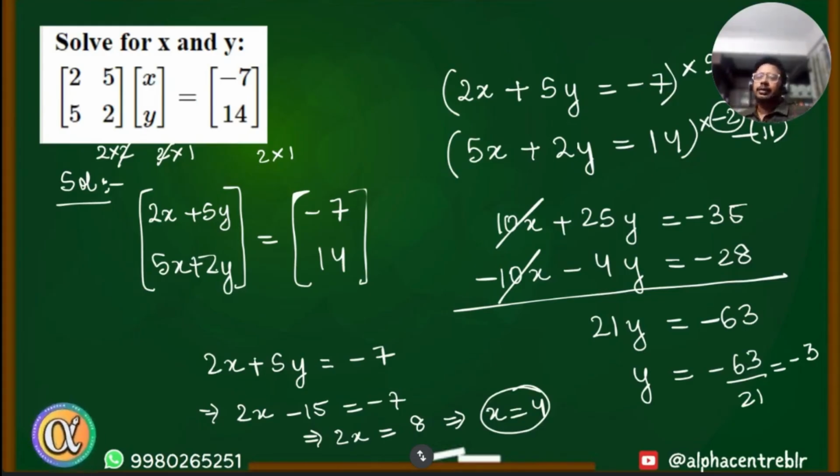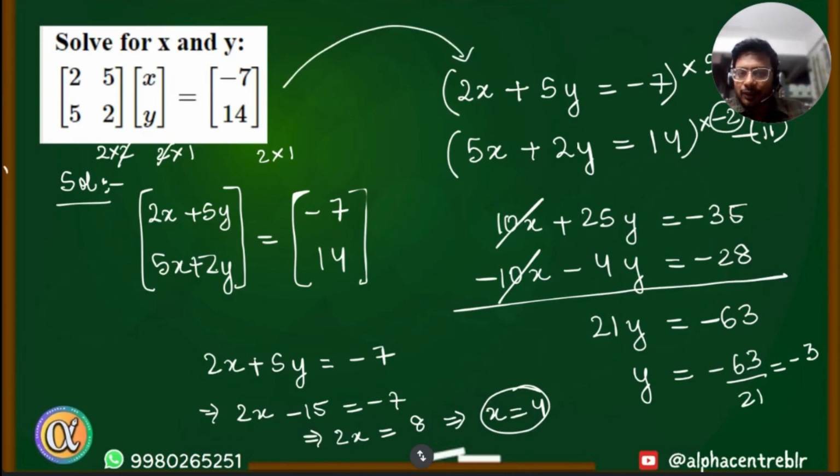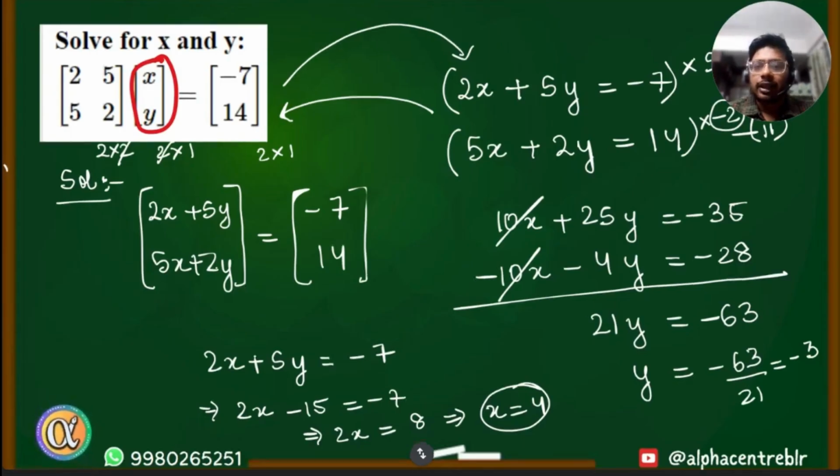That's it. So in this question, the equation was given in matrix form and we converted it to the equation form, and then simplified it. Okay, thank you and bye for now. Yes, sir. Thank you.